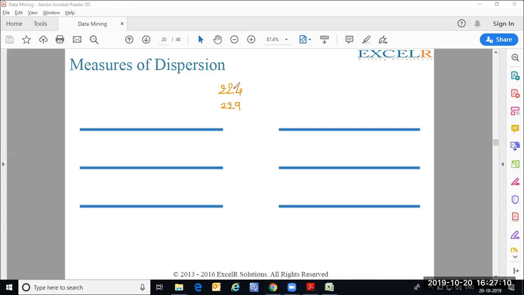What is the lower limit of this circumference? 224. Upper limit? 229.